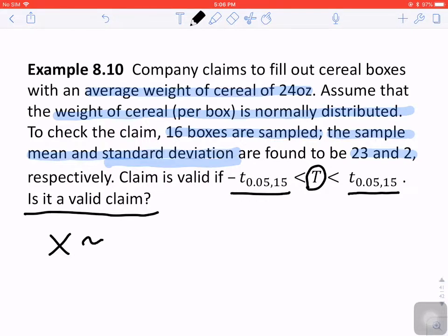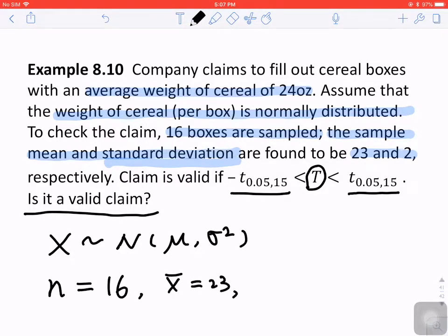If you use X to denote the weight of cereal per box, X follows a normal distribution with mu and sigma square. Then we draw a sample of size 16, and we know the sample mean is equal to 23 and the standard deviation is equal to 2.